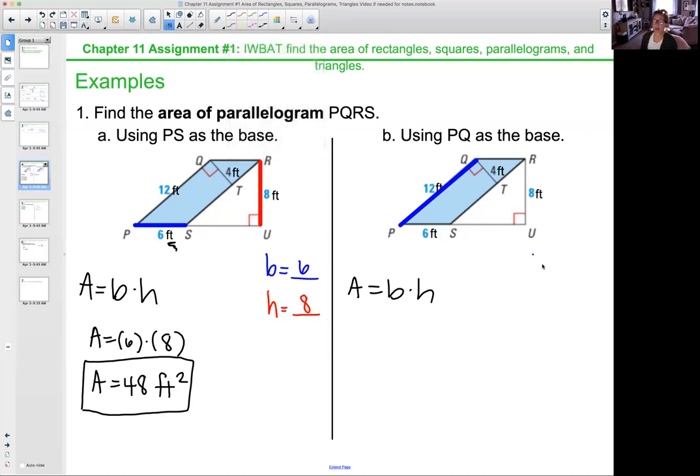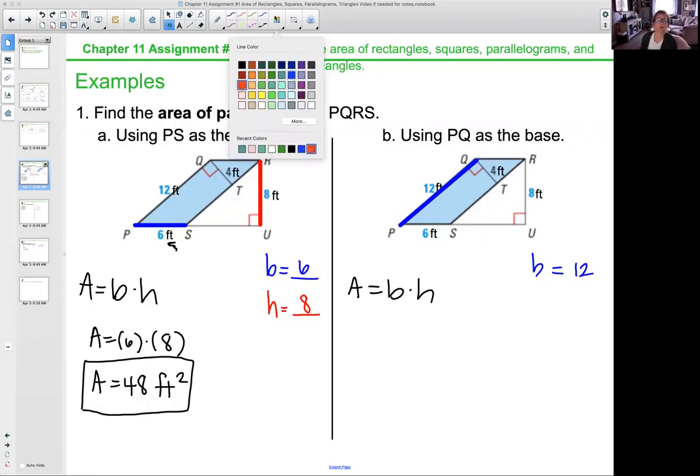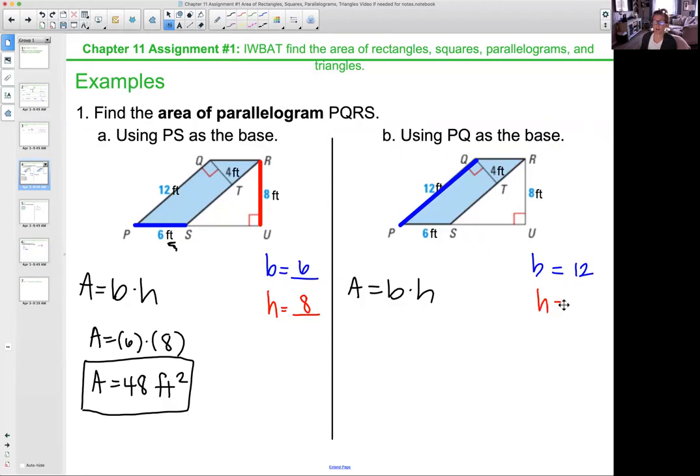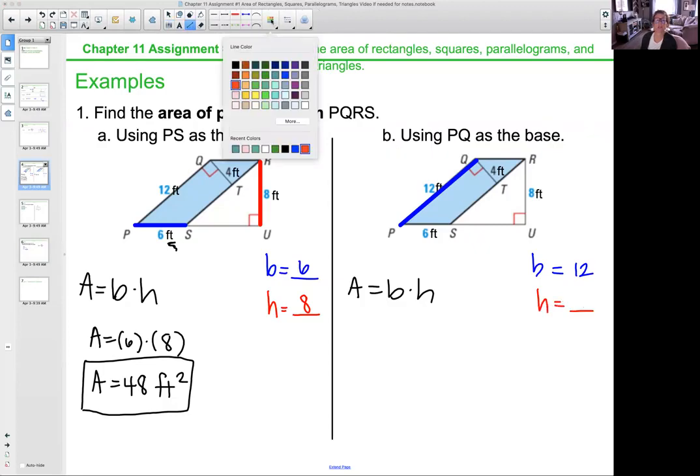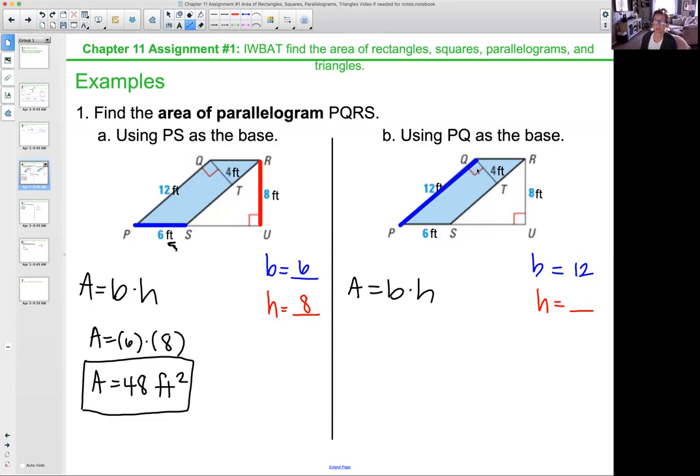Let's again write off to the side base. In this case, they told us the base that we're using is PQ, which is 12. Then we need to find the height that goes with that base. So we're going to look for the perpendicular segment to it. Here's the right angle touching that segment, so here is your height. Your height in this case is 4.